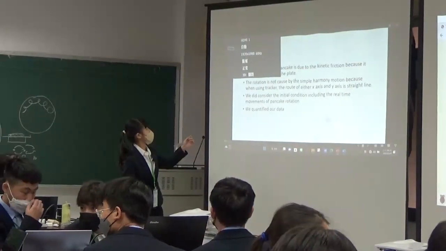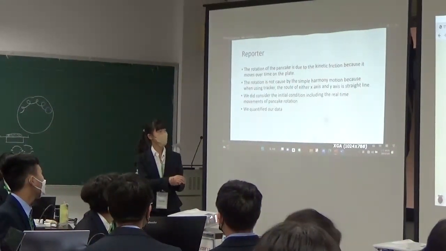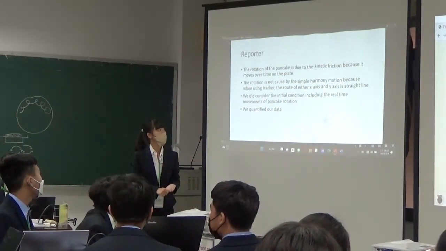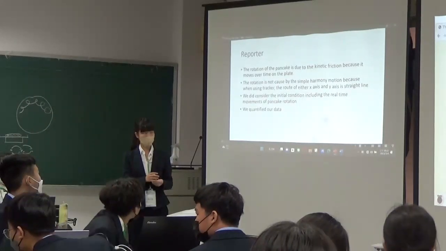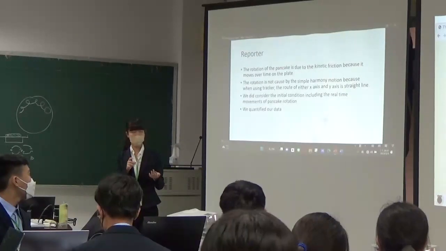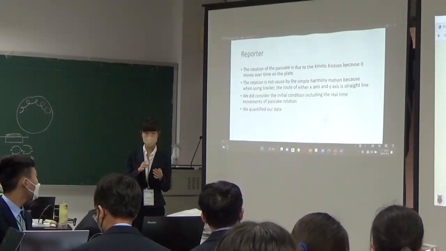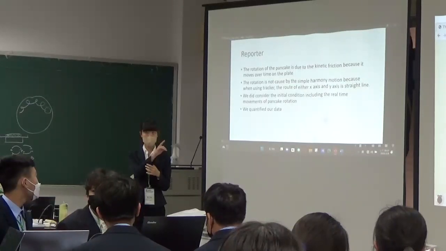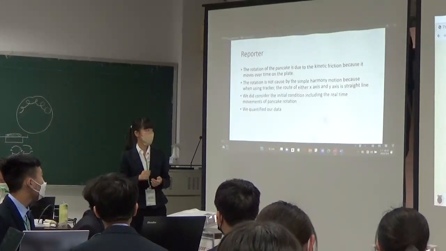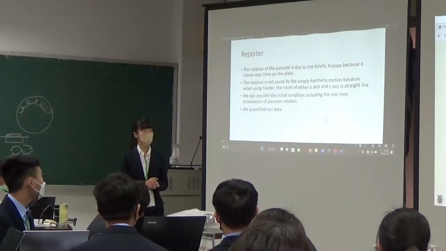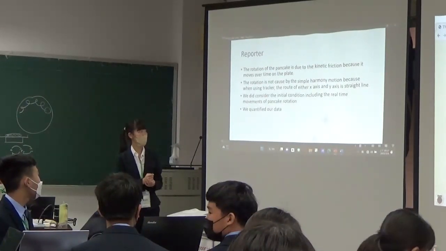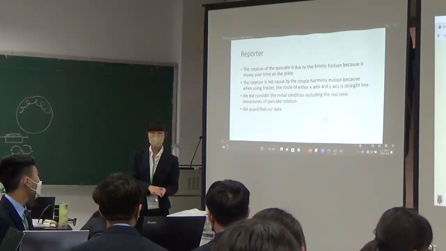So the rotation of the pancake is due to the kinetic friction because it moves over time on the plate. It's not caused by simple harmonic motion actually, because when using Tracker, the result on either the x-axis or y-axis is not a straight line. And we then consider the initial condition, including the real-time movements of the pancake rotation, and we quantify our data.